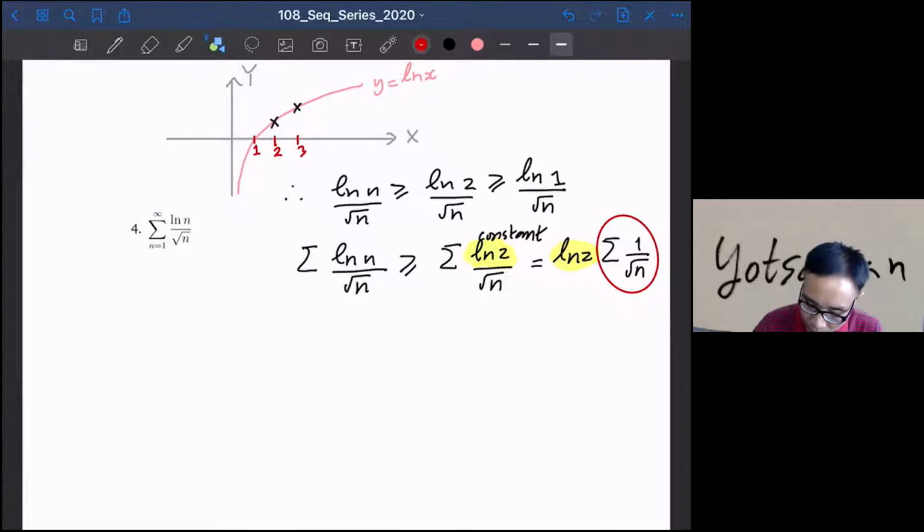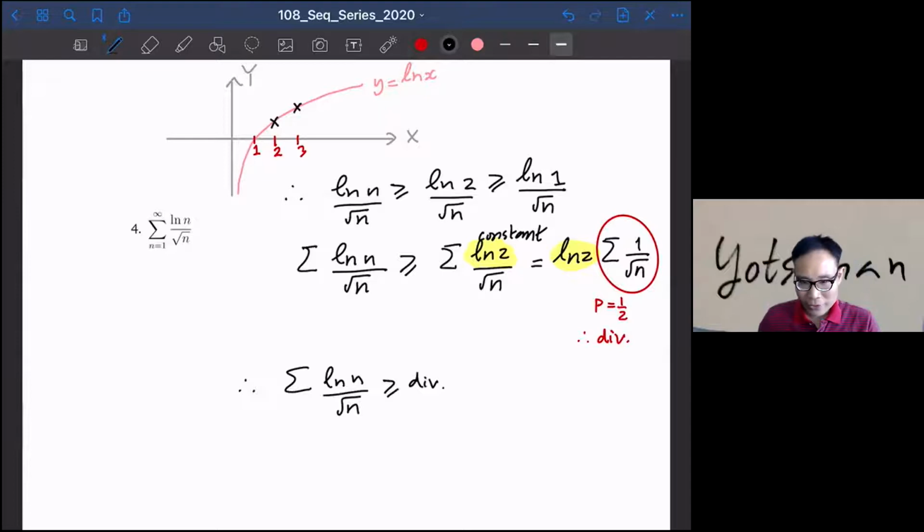this is a p series with p equal to 1/2. So p series with p equal to 1/2, so it's going to be divergent. It turned out to be divergent. So you're going to have the series log n over root n higher than divergent.